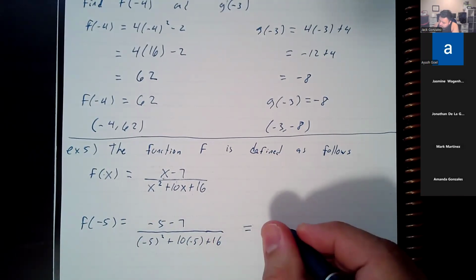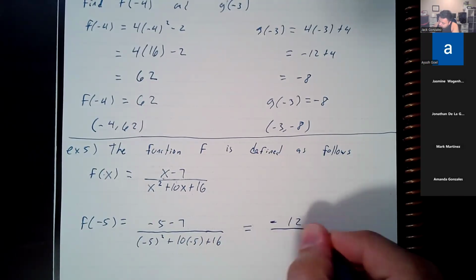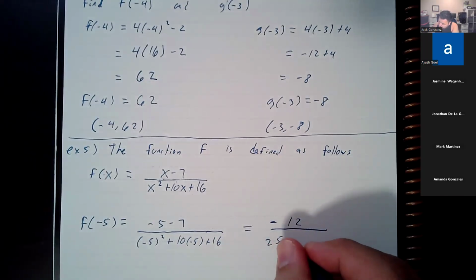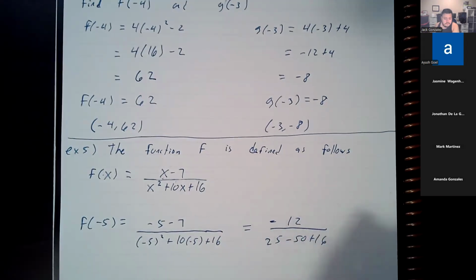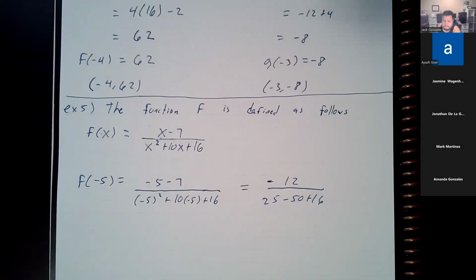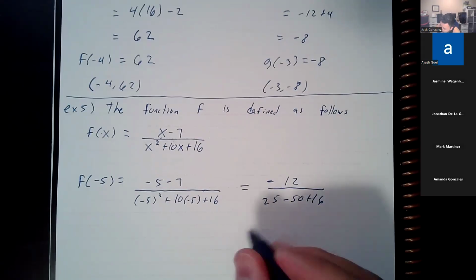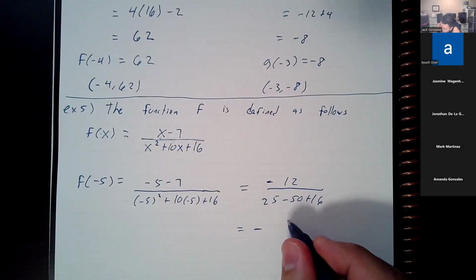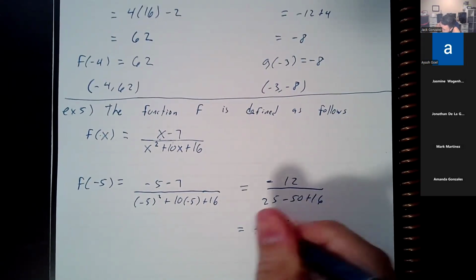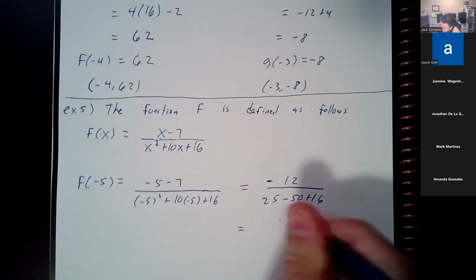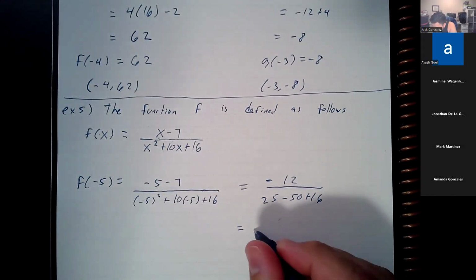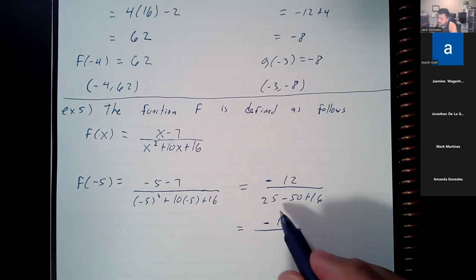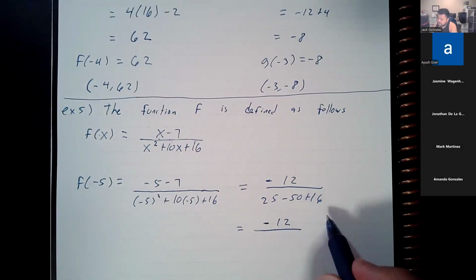-5 minus 7 is -12. This is 25 minus 50 plus 16. And that's pretty much it. Just crunch the numbers. -25 minus 50 is -25 plus 16.